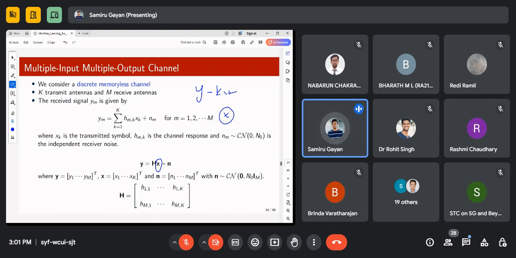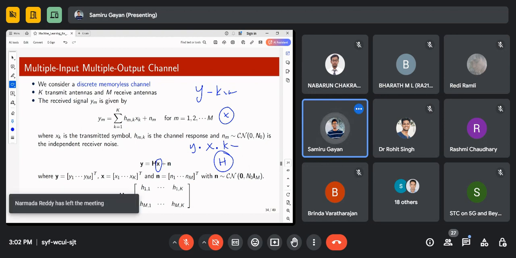If we know X and Y both, we can predict H as well. That is channel estimation. So by looking at this equation, if you have a set of data which can act as input and output, we can use a machine learning model to predict the channel H or estimate X.